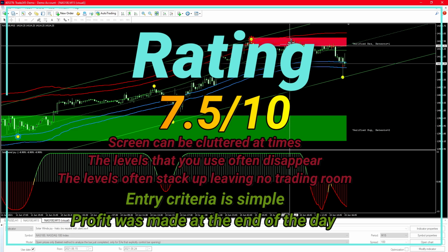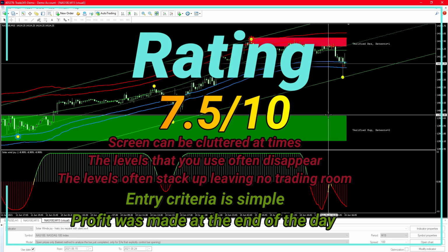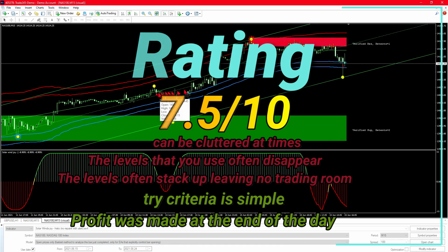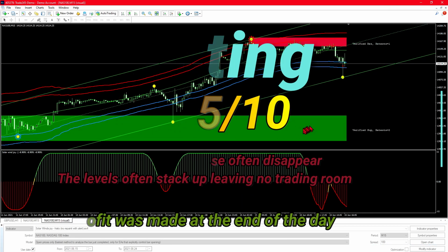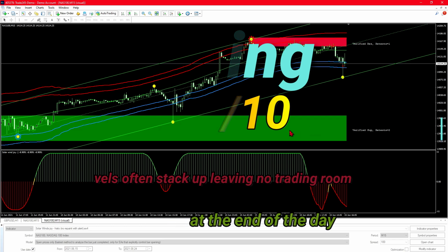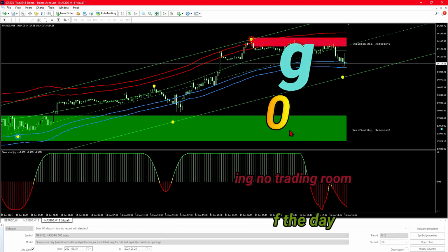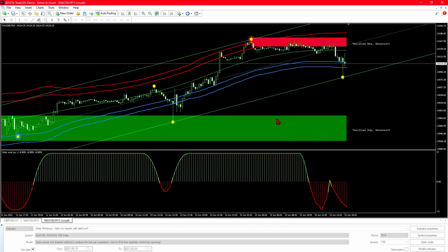You can place trades between this level and this level because the amount of space between them is around 16 to 17,000. It becomes very difficult when there's another level right above this support level and the space between them is around 3,000. The entry criteria makes it easier, but there is still quite a bit going on the screen.